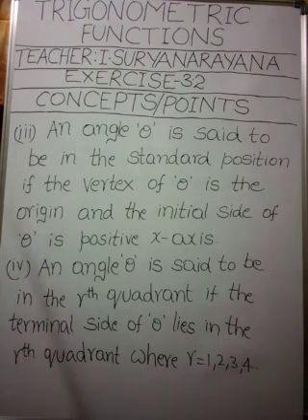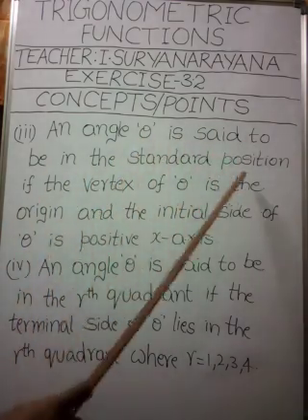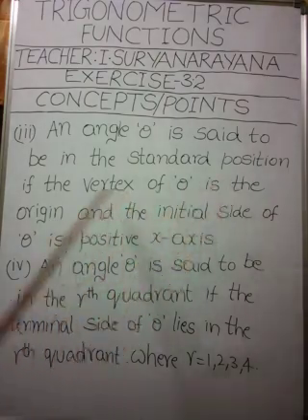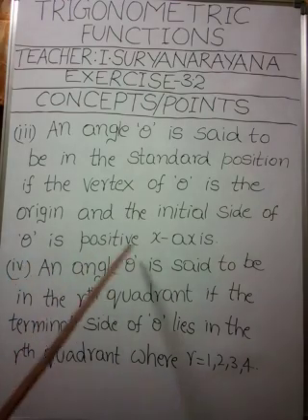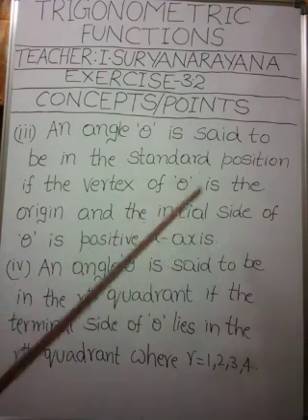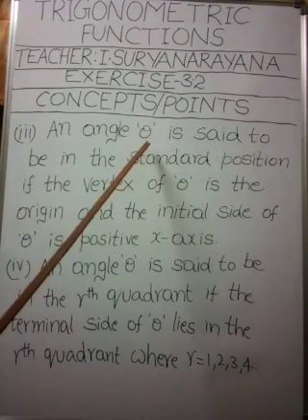Now come to this point, my dear children. An angle theta is said to be in the standard position if the vertex of theta is the origin and the initial side of theta is the positive x-axis. Okay, my children, this is the definition of standard position of an angle theta.